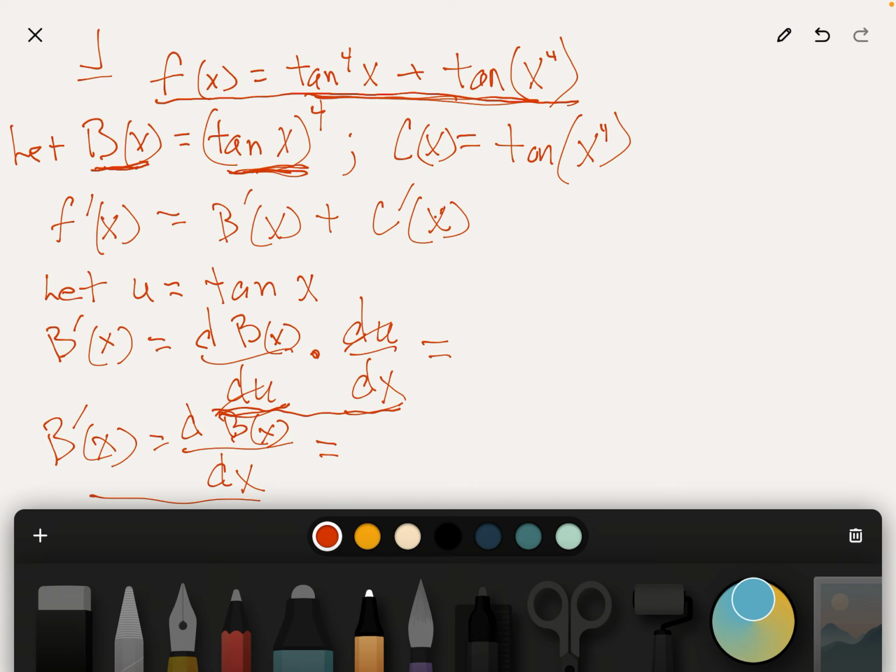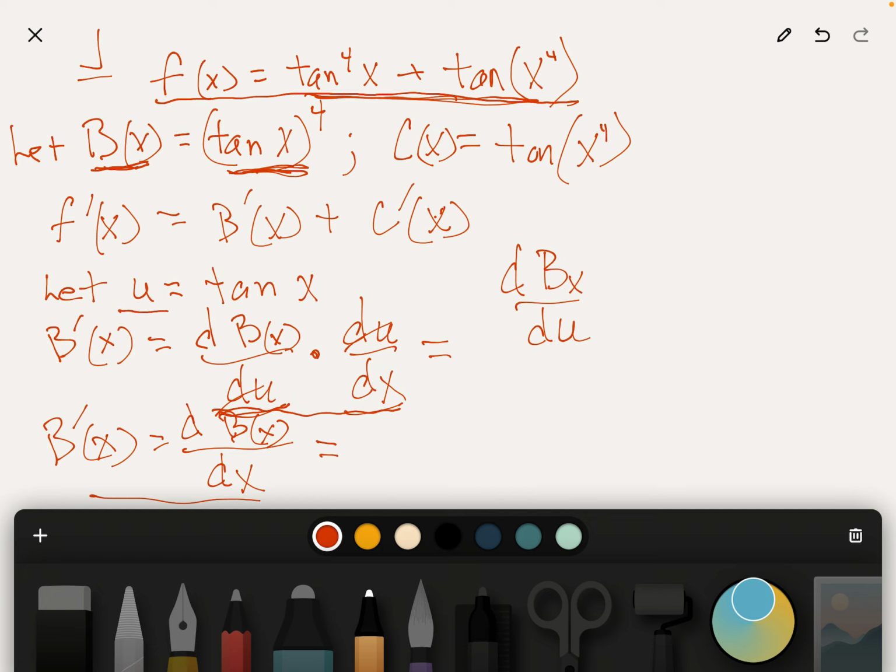Okay, so what's db of x over du? Well, right, I forgot to write one thing in here.